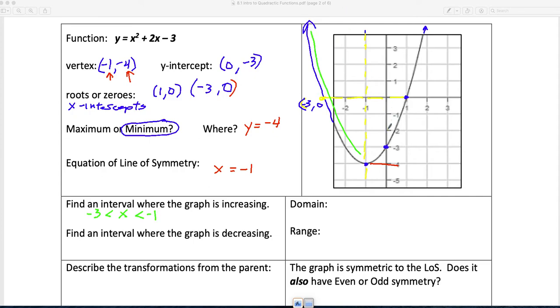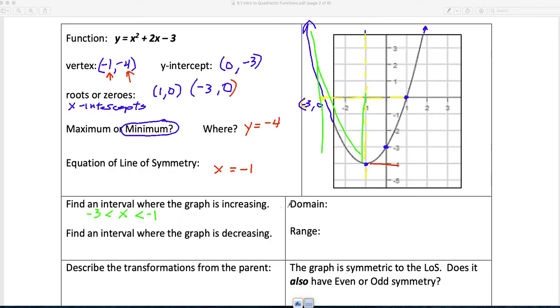This graph is decreasing. We did this in chapter 1. So the y's are going to increase or decrease, but the interval is going to be stated in terms of x values. We started at -3, which is right here. We could have picked another number, but I just picked what we could see. And from here, that's where we are decreasing.